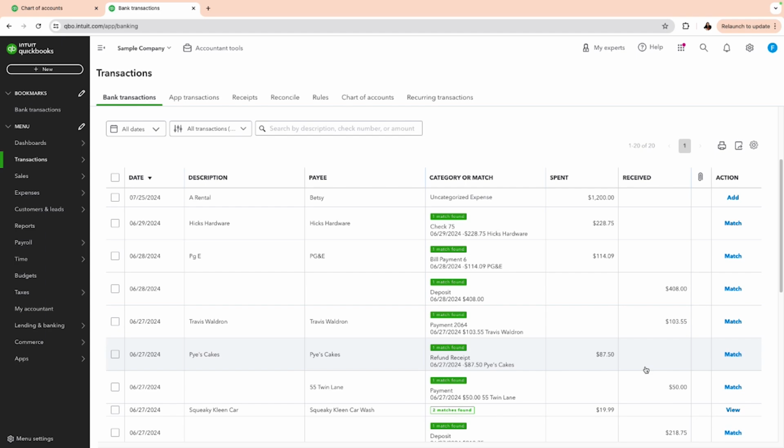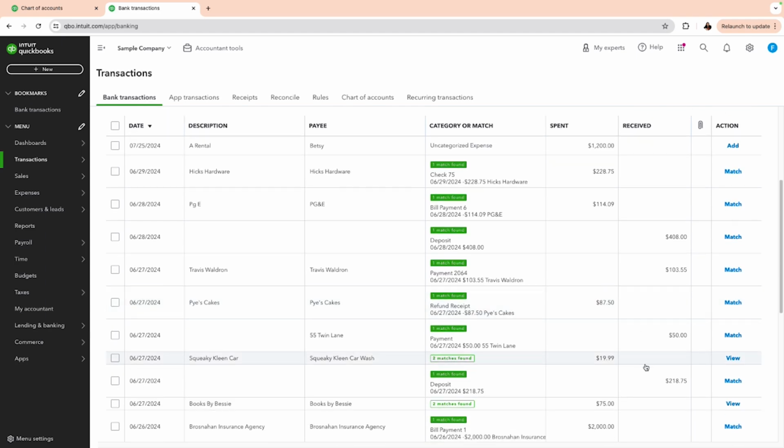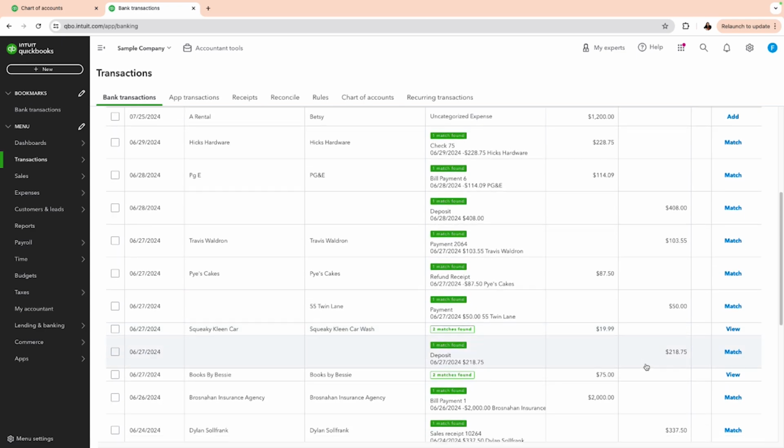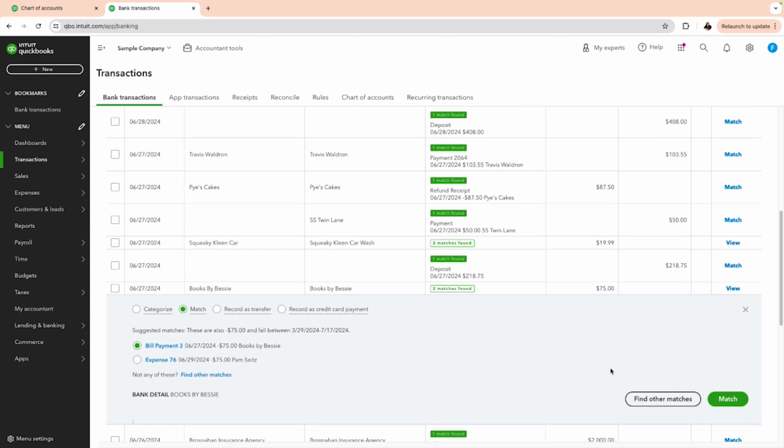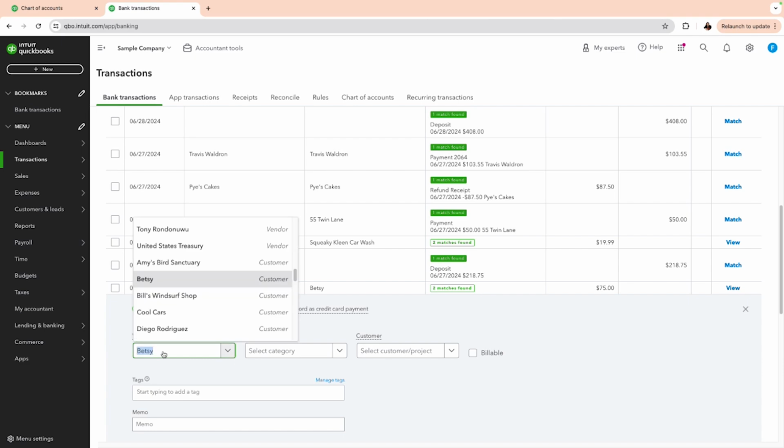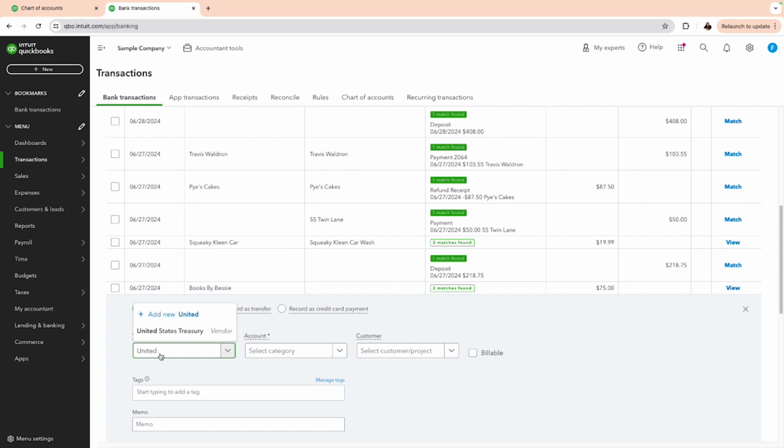As you pay things out of that account, you're just gonna record those payments out of the account. So let's suppose that this $75 here belongs to, or is being taken out of, that account. So we're gonna categorize that. We're gonna say we paid, I don't know, let's see, United Settlement.